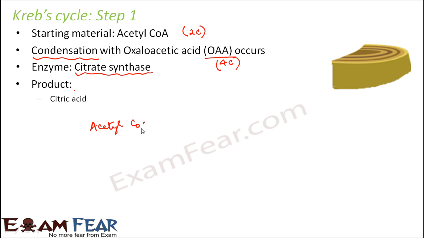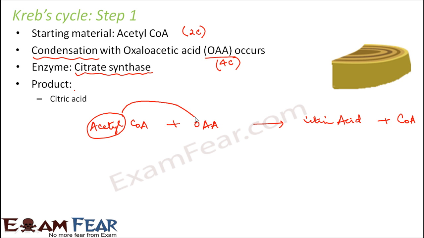Acetyl coenzyme A will combine with oxaloacetic acid to form citric acid plus coenzyme A. So basically this acetyl group will combine with this oxaloacetic acid to form citric acid, and the coenzyme A will get separated and it will separately be released. So that is what happens in step 1, and that is why we see that the first stable product which is formed in a Krebs cycle is citric acid, and that is why it is also known as citric acid cycle.